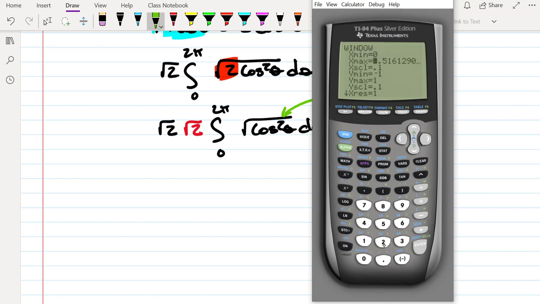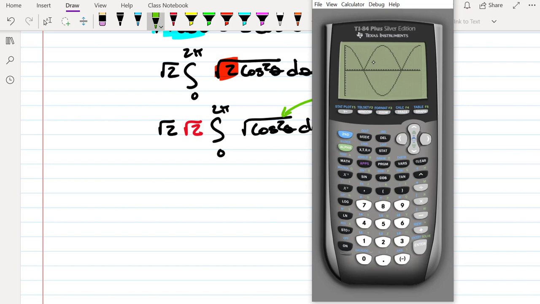Let's make our x min 0 and our x max 2 pi. And sure, we can do that. So we get something that looks like this, and that's what our cosine function is going to look like. But if we tried to compare that to the square root of cosine x squared, which would just be cosine x, we're going to notice it looks the same, but instead of getting negative area here, what are we supposed to be getting? Positive area.